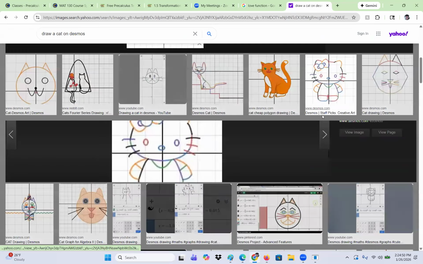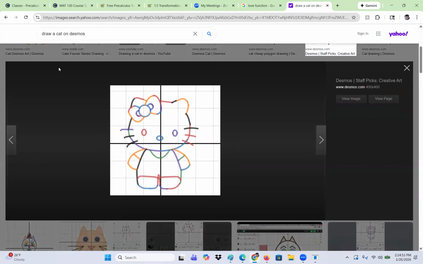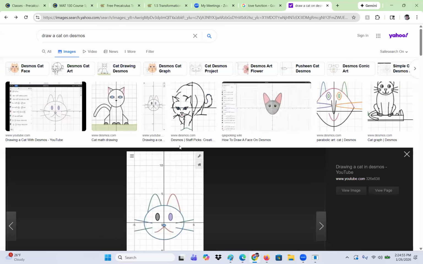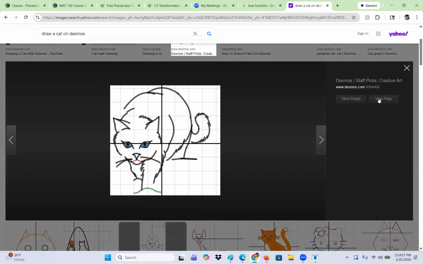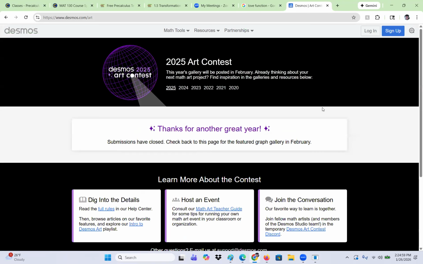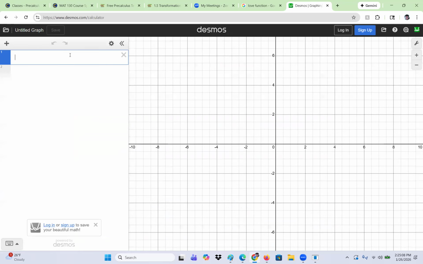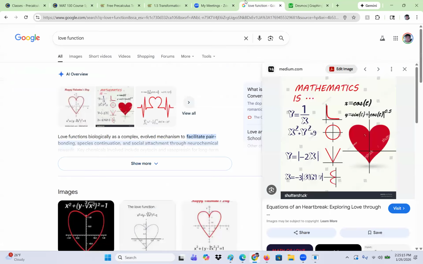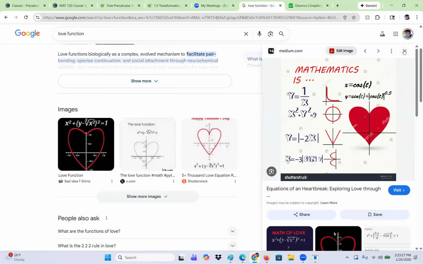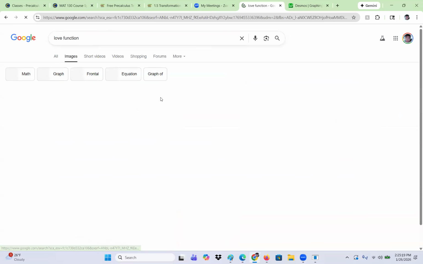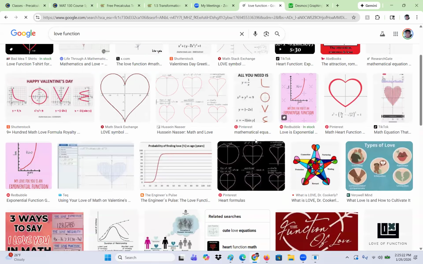Oh my goodness, that's crazy. You can do a lot of things. You can literally create any image using functions. That's really cool.